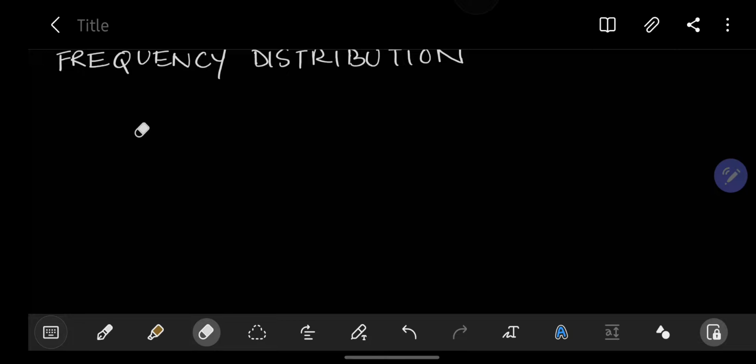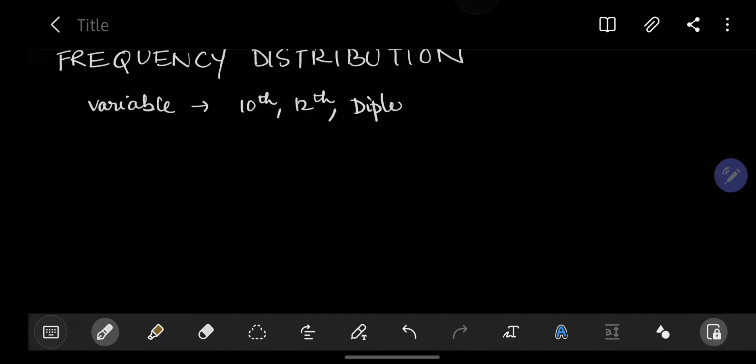The values of the variable are tenth passed, 12th passed, diploma, bachelor's, master's, or PhD, postgraduate.